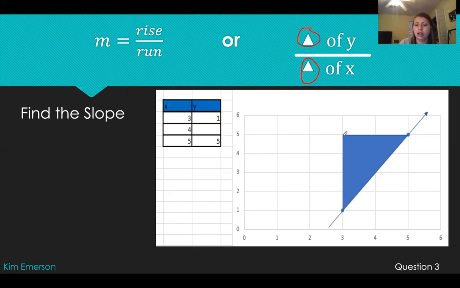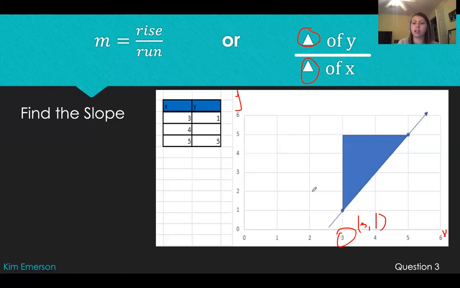I used a right triangle as my example right here, so we could visually see what is changing. So if we go down here to 3, this is our y, let's not forget, and this is our x. So let's go down here to number 3, and we see the point here is 3, 1. And these are in ones. So we know there's 1, 2, 3, 4. So we know that the y changed 4 times.